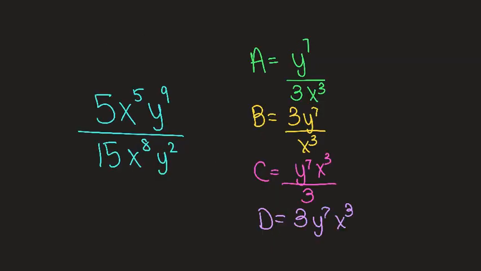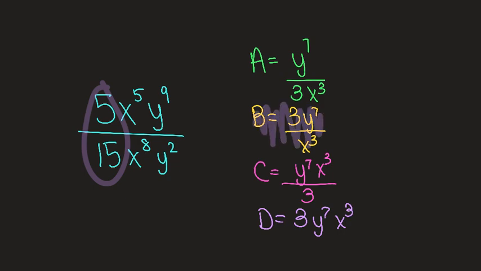All right, next question. We've got this fraction and you're going to look and see which A, B, C, or D is the correct answer. Well, I definitely want to have the 3 on the bottom. If I look at my coefficients, it's going to be 1 on top, 3 on bottom.